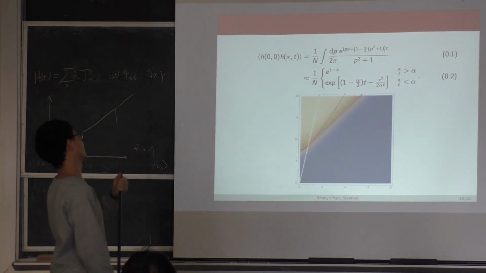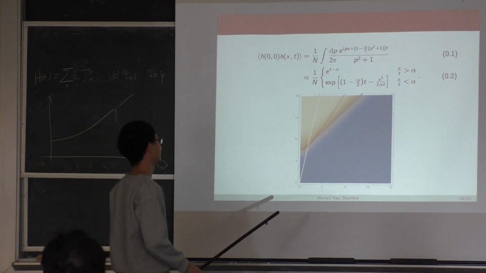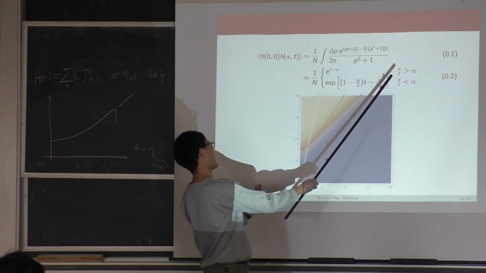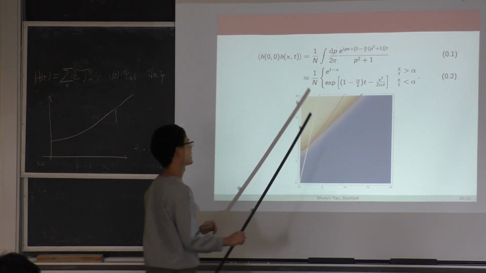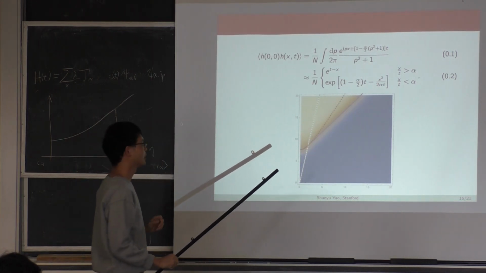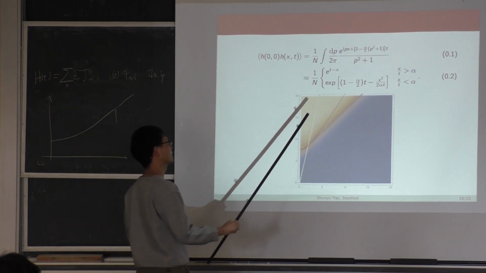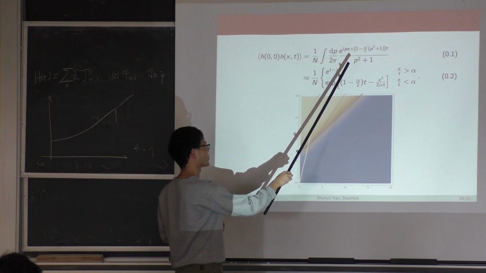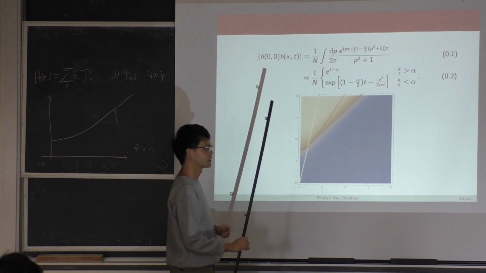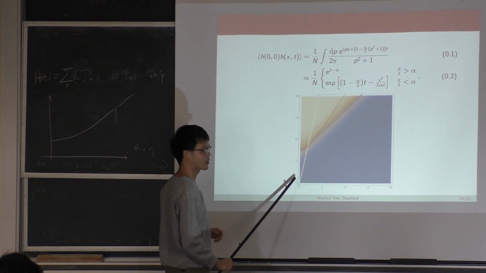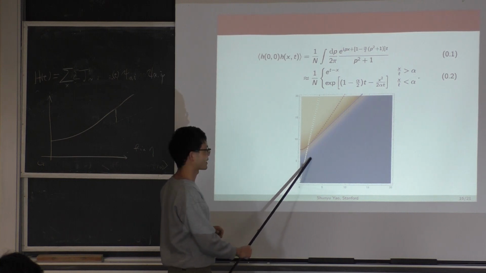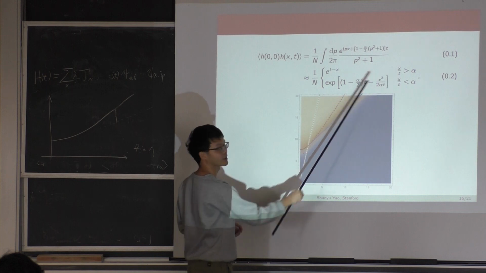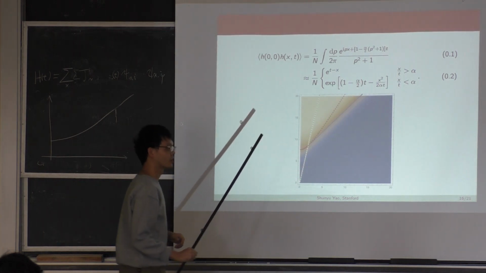Okay, so let's just do this integral. For different regimes: if x over t is very small, smaller than alpha, you get the contribution from the saddle and you will not touch this pole basically. Raphael was asking what this white line here means. What this white line means is basically x over t equals alpha.